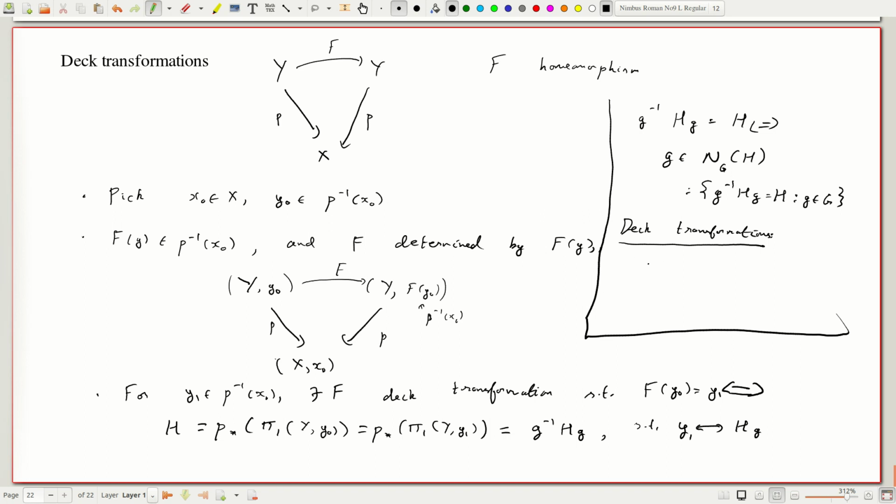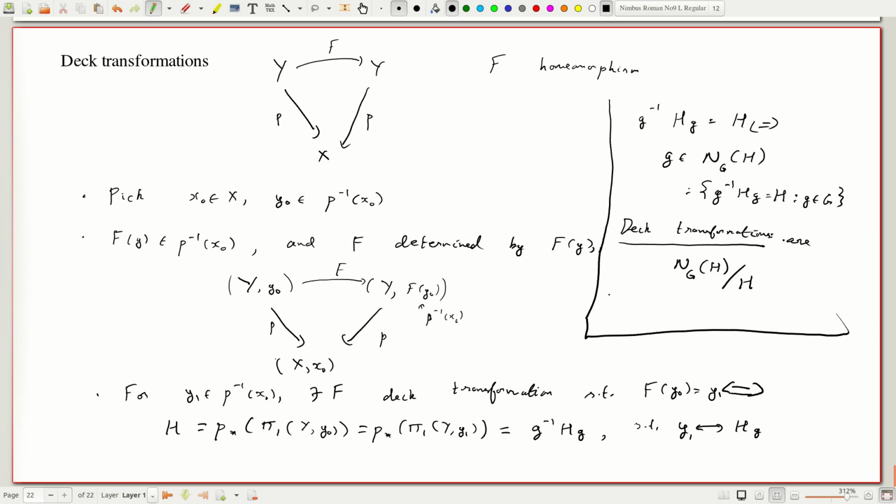So deck transformations are simply the normalizer quotiented out by H. This follows from the definition because, the nice thing is, H is a normal subgroup in the normalizer, and so we can talk about the quotient, which is a group, and this is the group of deck transformations by what we have seen above.